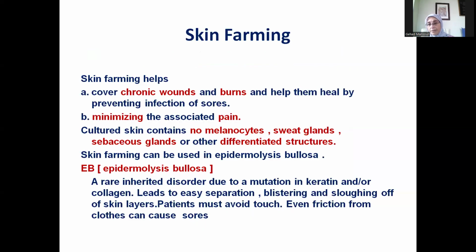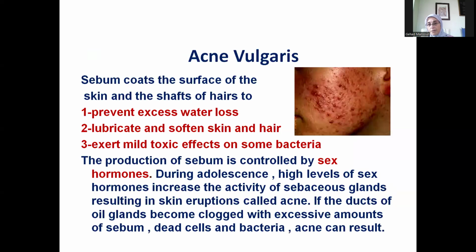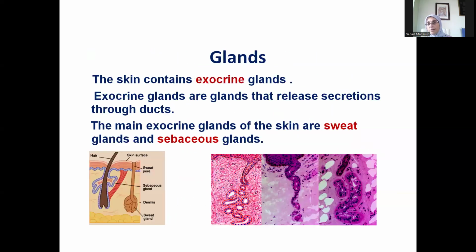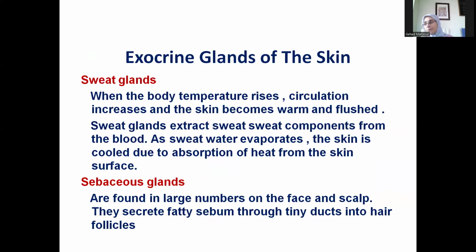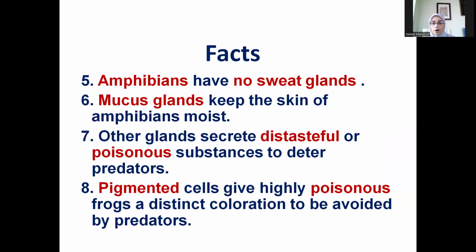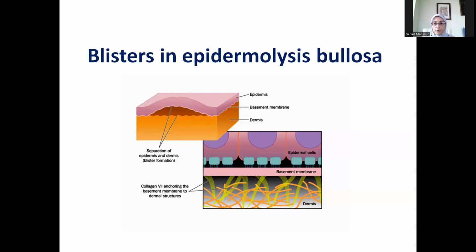Another thing that's worth mentioning in alopecia areata is that it is related to stress, and therefore you might ask the patient about any triggering incident like separation of the parents or separation of the patient themselves from their partners. This is important in such a case.